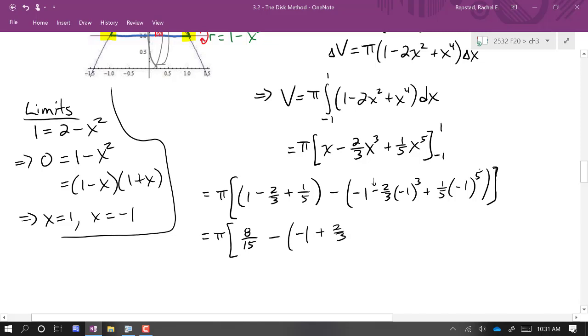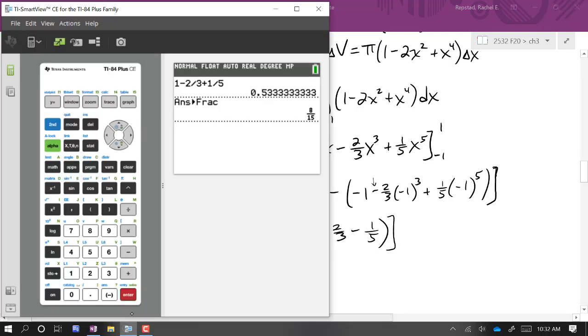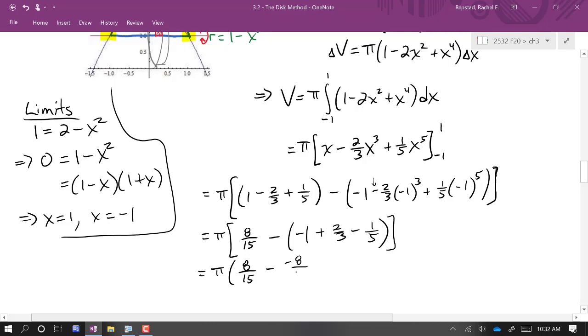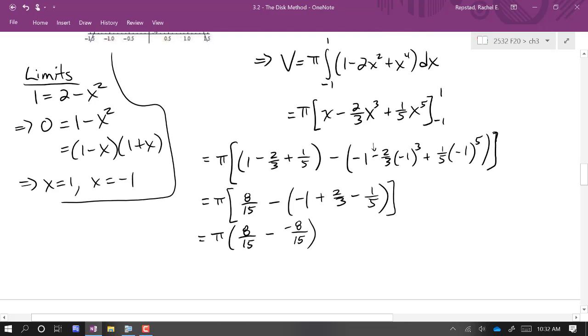And then -1 to the 5th is -1, so that's a minus 1/5. So we have 8/15 minus -1 plus 2/3 minus 1/5, and that's a negative 8/15. We're subtracting it, so really we're adding 8/15. So that's 16/15. So overall we get 16 pi over 15.